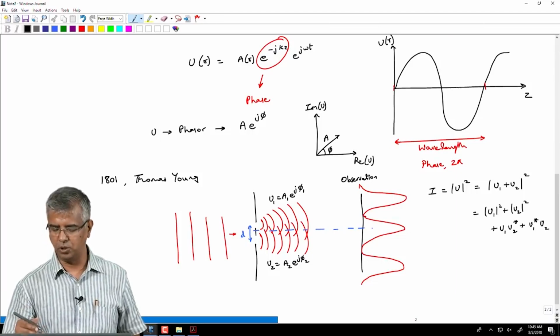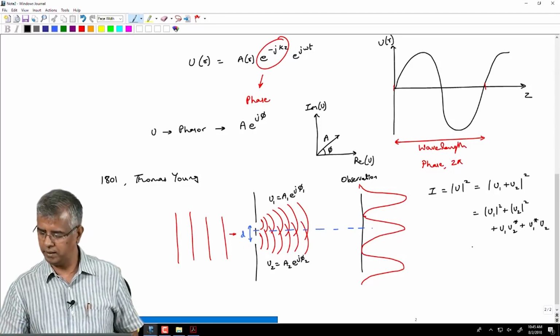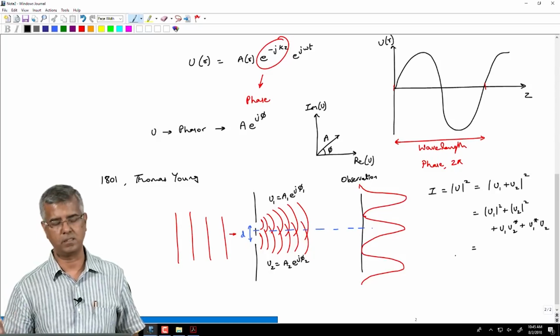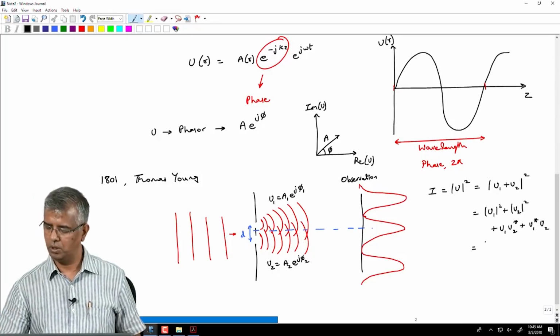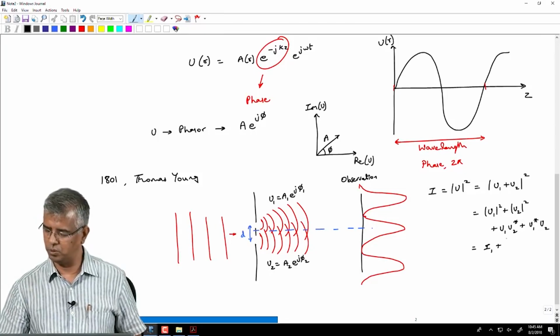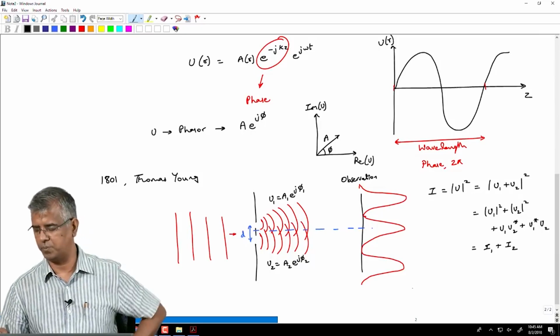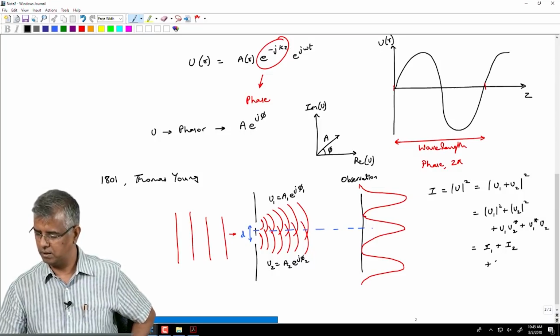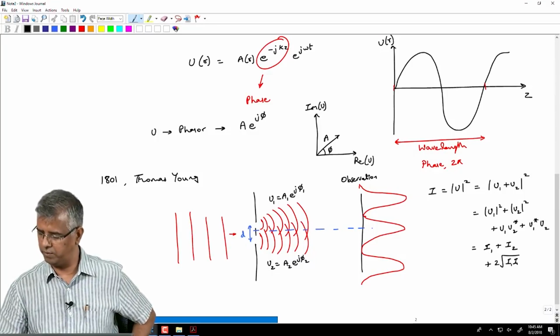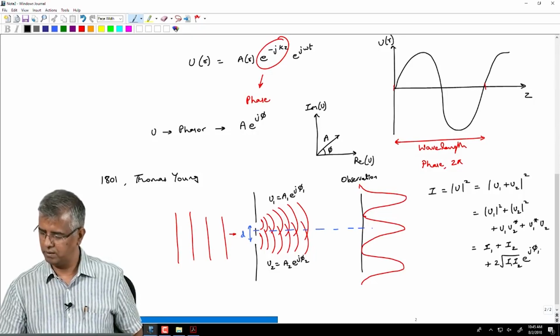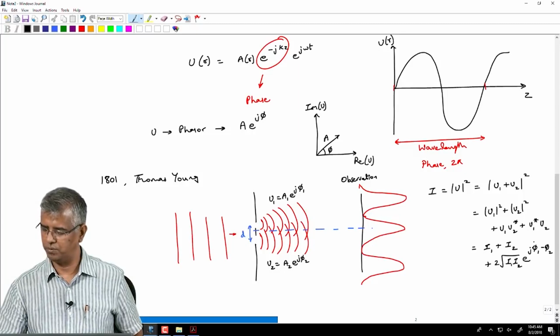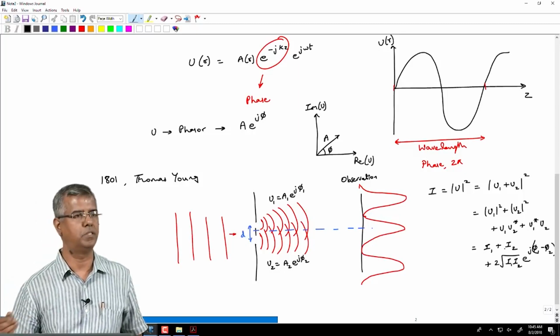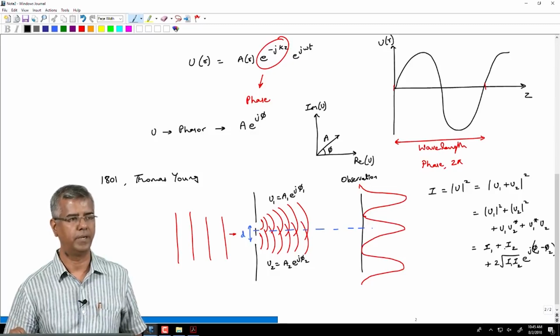So, you substitute the respective expressions, the phasors for u1 and u2, what you get is u1 square is going to correspond to I1, the intensity of wave 1, u2 square corresponding to I2, plus 2 root I1 I2 e power j (phi 1 minus phi 2), because we are looking at the conjugate of u2, right.